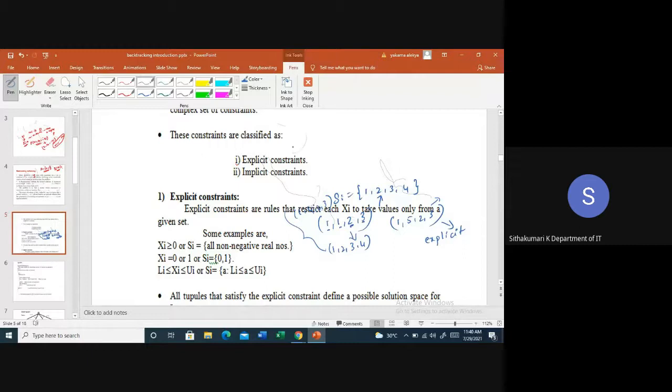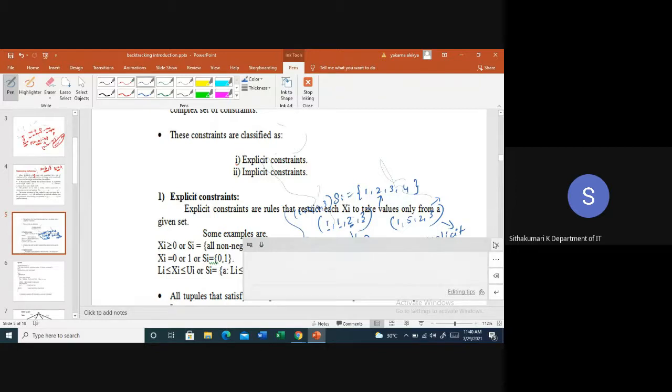In that solution space, only a few tuples will satisfy the implicit constraints, which satisfy the criteria function. For example, in sorting, A of xi should be less than or equal to A of xi plus 1. So here it should get satisfied.